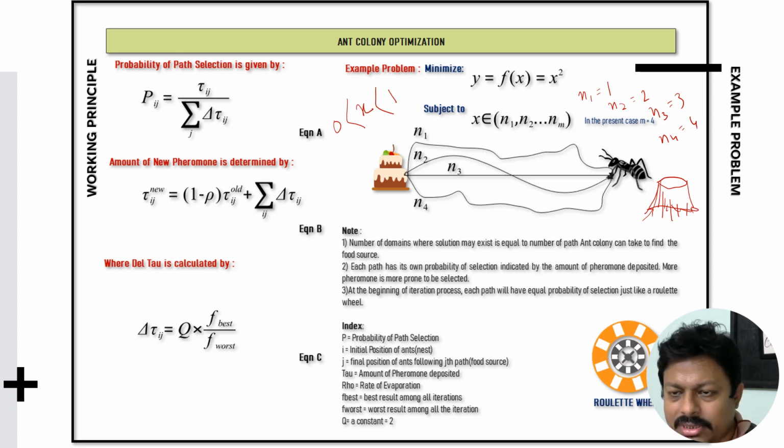So what happens is, suppose this ant has come out of this house in search of food. Along with this ant, there are many other ants. They have also come out of the nest, and they are also looking for food.